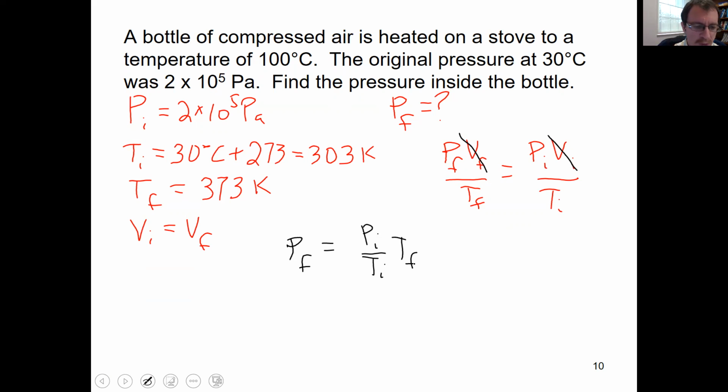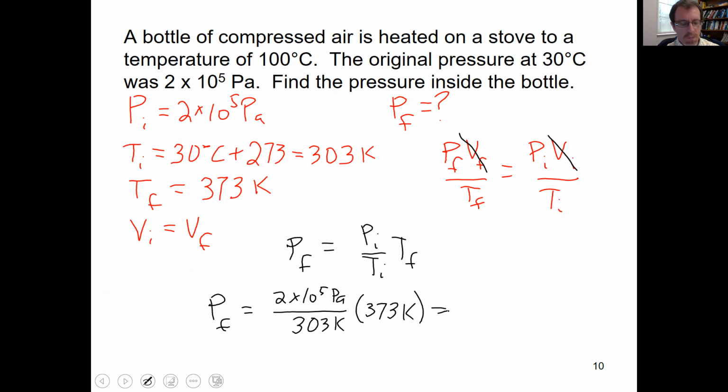And now let's plug in some numbers. We get approximately 2.5 times 10 to the 5th pascals as a result.